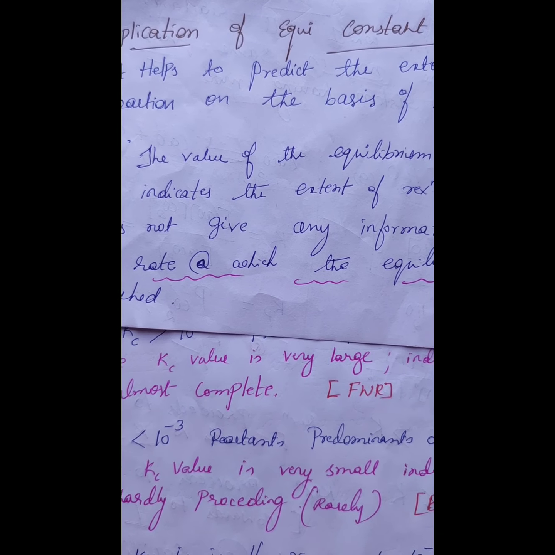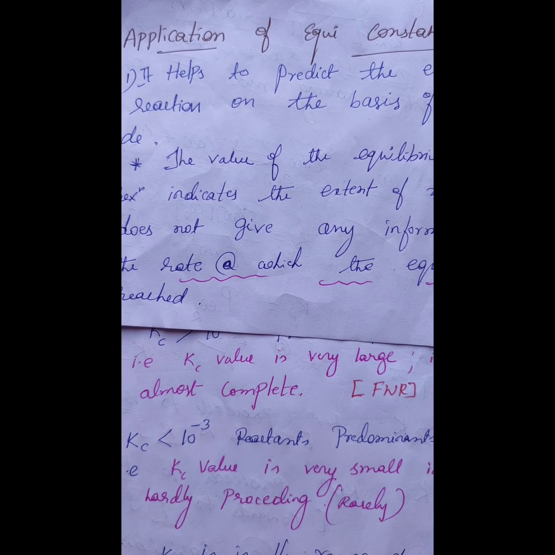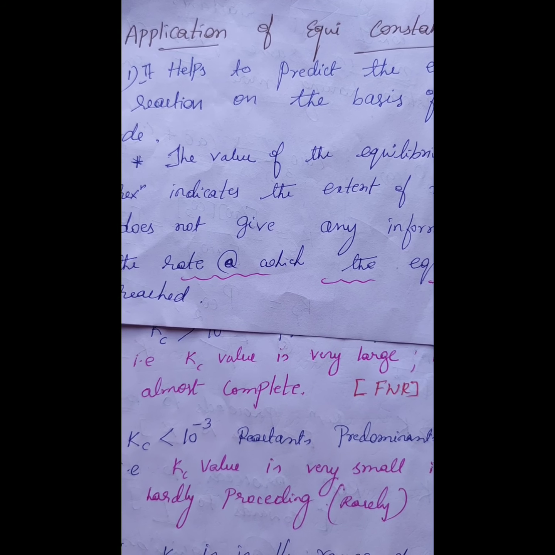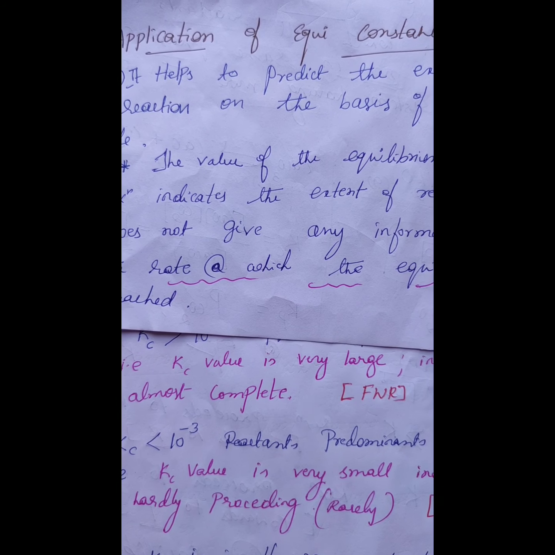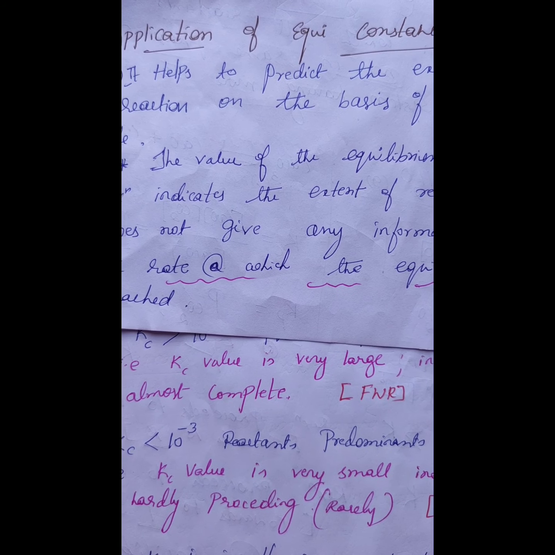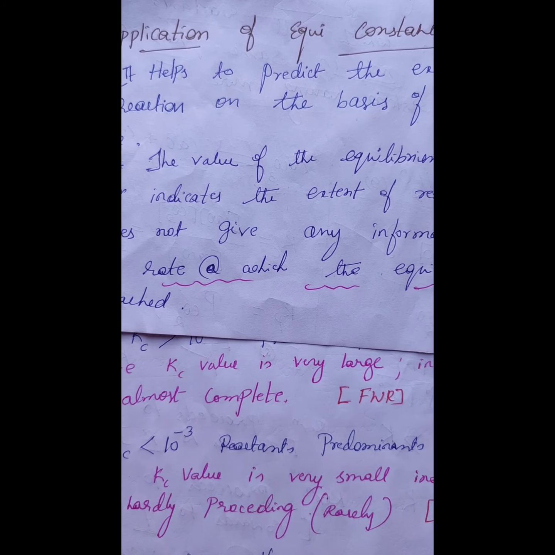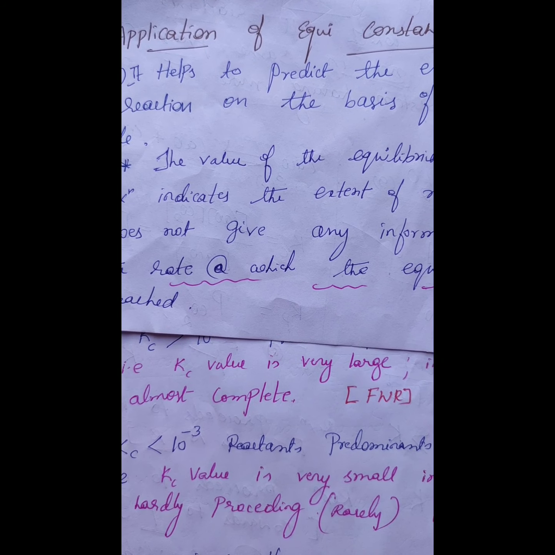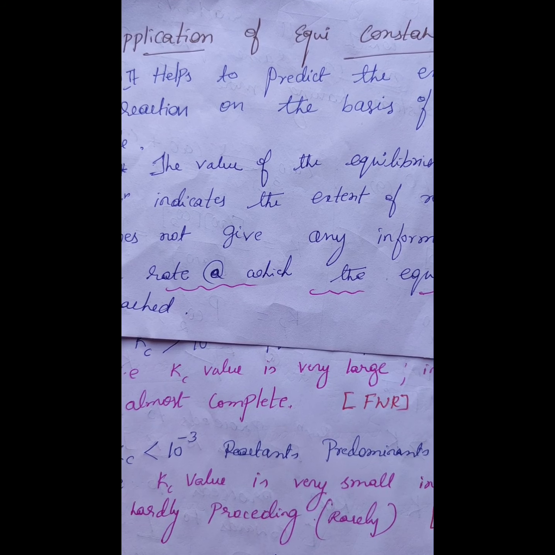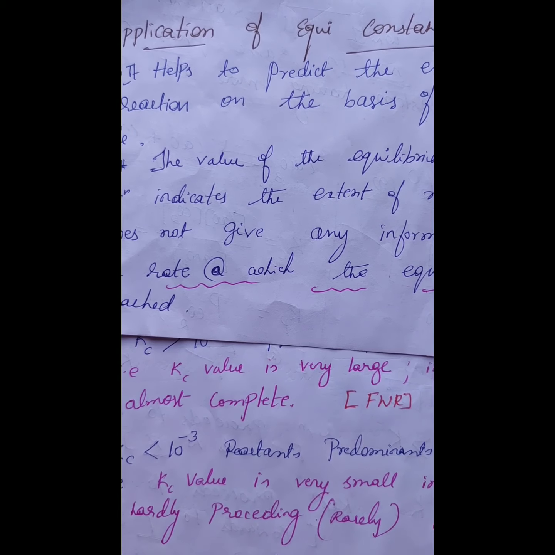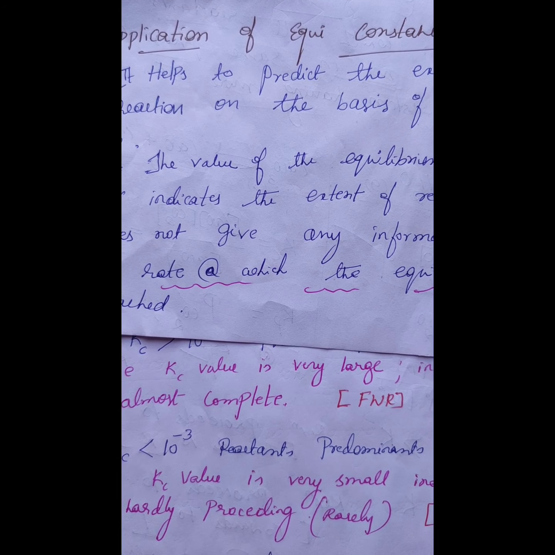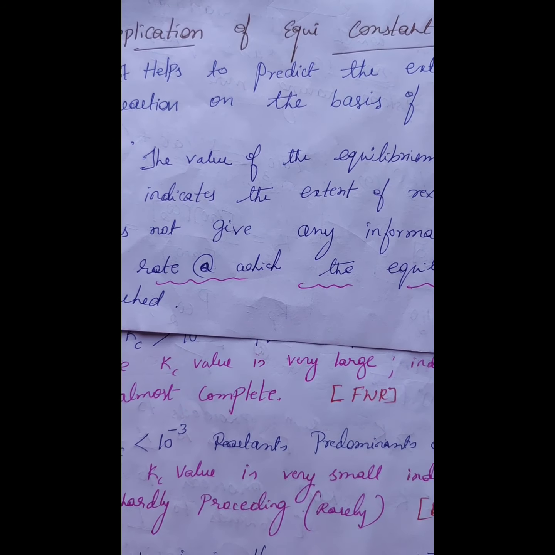Okay, children, let me recall all three important applications. First, it helps to predict the extent of reaction. Second, it helps to predict the direction of the reaction, and third, it helps to calculate the equilibrium concentration. Now we have to concentrate in detail on how it helps to predict the extent of reaction.